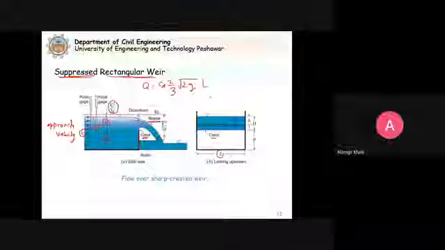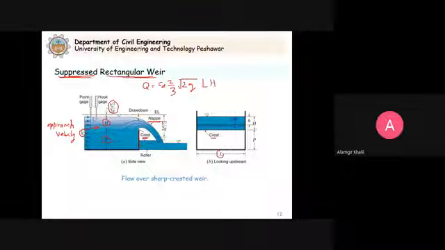Clear? This is the length of the weir. And into H to the power 3 by 2. Okay, so this is the basic equation. Q is equal to Cd, 2/3 into square root of 2g into L H to the power 3 by 2. This is the formula for a rectangular notch or weir.